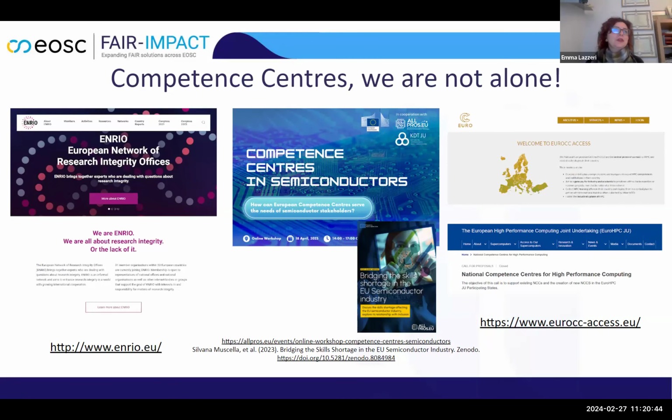If you know it, or if you want to know more about it, you will find a lot of commonalities with our network. But not only that, the ENRIO network was raised mostly bottom up, but we also have some examples at European level where the realization of distributed competence centers or networks of national competence centers has been triggered with a top-down approach.